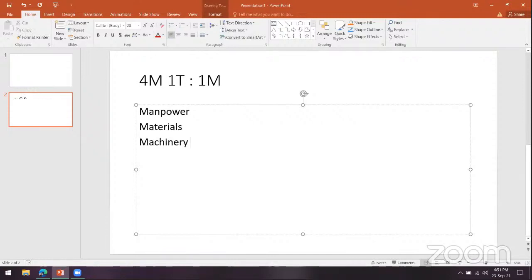Machinery is quite simple. Your PC, your laptop, your printers, your transport, your car, your bike, for you to move from one place to another in order to collect data, to do observation, the machineries in the factory or production line for you to see. And finally, money.